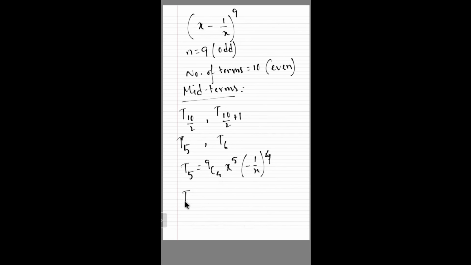In the same way, T6 can be written as 9C5 x to the power 9 minus 5, that is 4, and (minus 1/x) to the power 5. So from these, by simplifying and putting the values of 9C4 and 9C5, we can easily find the middle terms of the expansion.